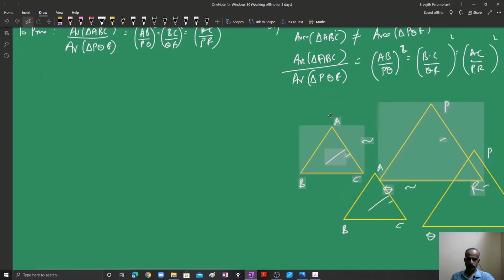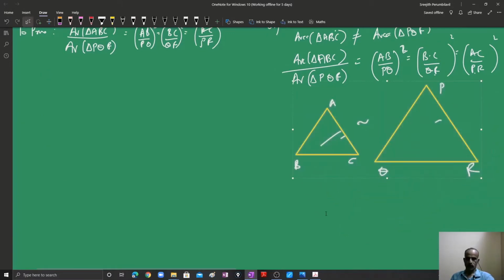So this is the thing. Now there is a construction to be done. The construction part is: to find the area we need one height each.